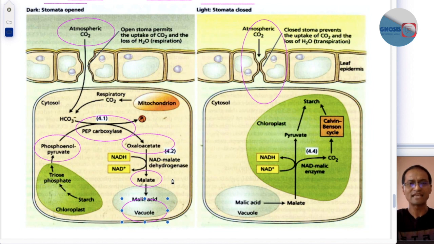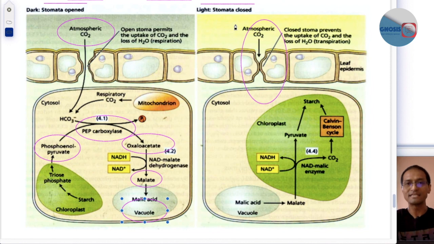The reason is that the plant requires ATP and NADPH to drive the Calvin cycle, and this ATP and NADPH is only produced during the light dependent reaction of photosynthesis. So the malic acid or the malate will remain in the vacuole till the daytime, when light is available for carrying out the light dependent reactions of photosynthesis.